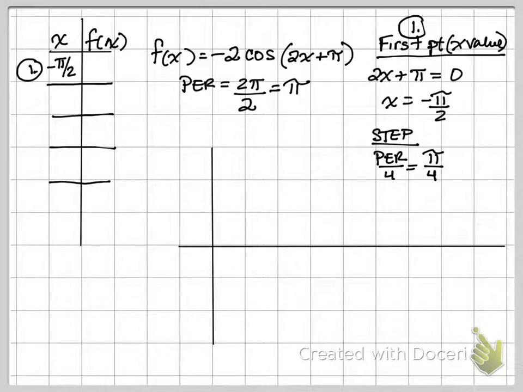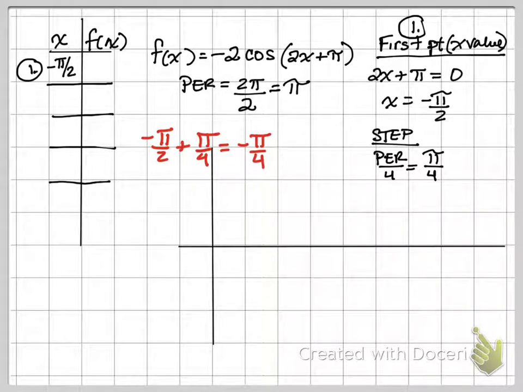What that means is, go back to the table, from this point I'm going to step up pi over 4 and find 4 other points. So that's going to be negative pi over 2 plus pi over 4, which is equal to negative pi over 4.